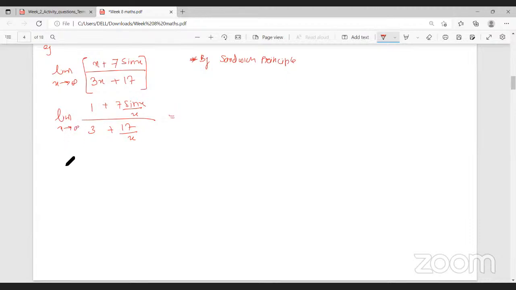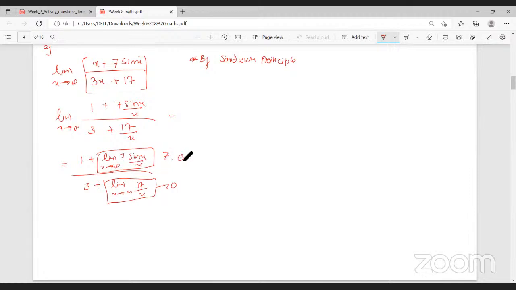This will give me 1 plus limit of 7 sin x by x as x tends to infinity, upon 3 plus limit of 17 by x as x tends to infinity. This limit we have just discussed, it is 0. You can take the constant 7 outside, and the limit of sin x by x is 0, so 7 into 0 is 0. So we get the answer 1 by 3. The value of this particular limit is 1 by 3.